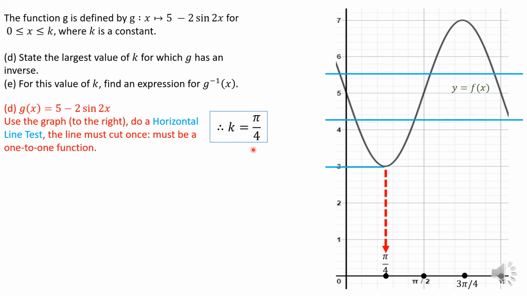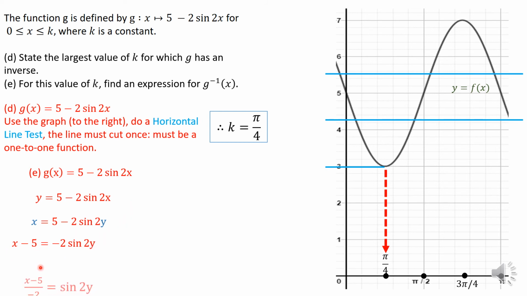So part E, for that value, you're supposed to find the inverse. Again, let y equal 5 minus 2x sine 2x. Change the letters around. The objective here is to make y the subject of the formula. So it's just your algebra should be sound. And I hope you don't get confused. When I have x minus 5 divided by minus 2, and that minus 2 comes on top, it's going to be a negative times a negative 5, making that 5 positive and the x negative.